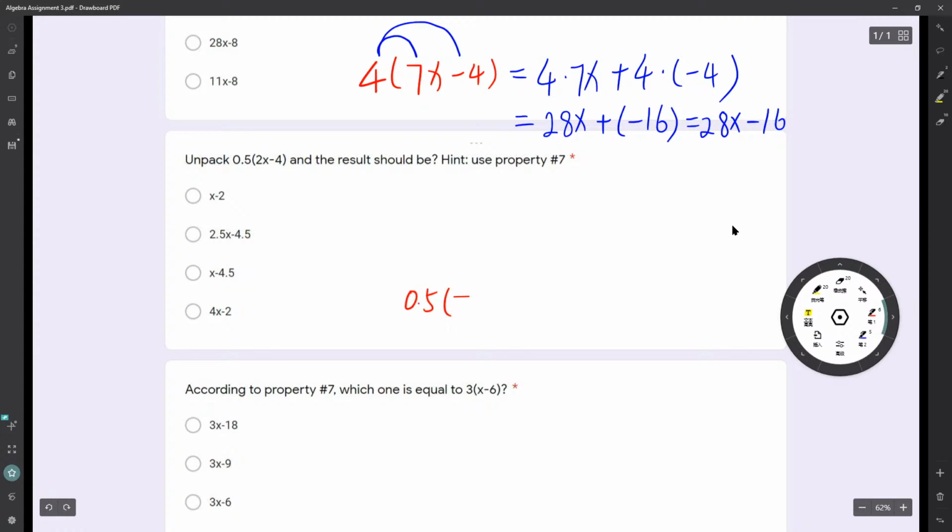0.5 times 2x subtract 4, right? To unpack, the number outside is multiplied by each number inside and then we add up.